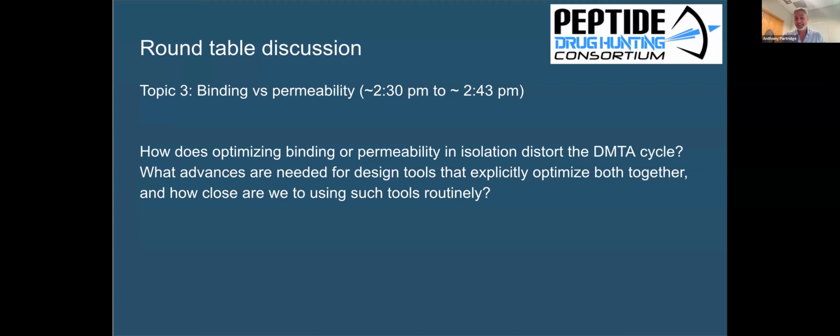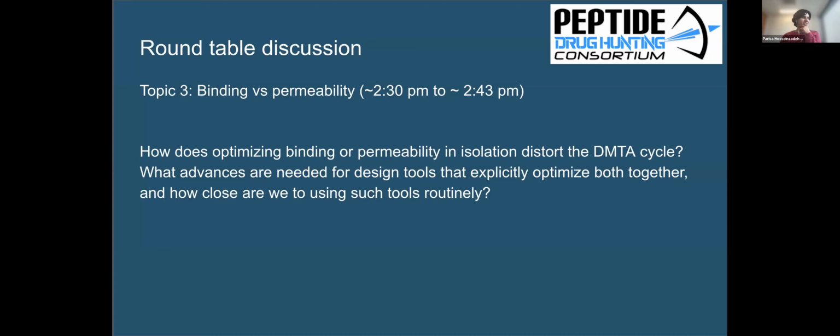We have to solve for stability and DMPK properties and solubility and all these things at the same time. Drug discovery is a multivariate problem, but maybe we just focus on two things that are super important, at least for intracellular targets or achieving oral bioavailability. How can we do both at the same time? And what's missing for us to optimize them in parallel?